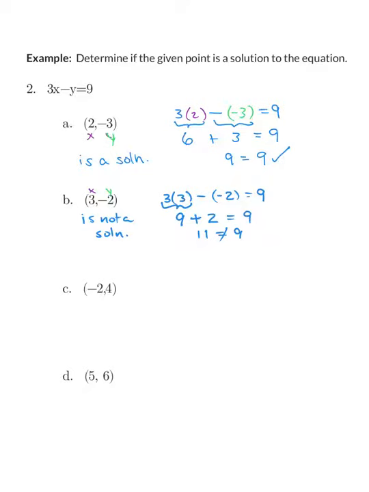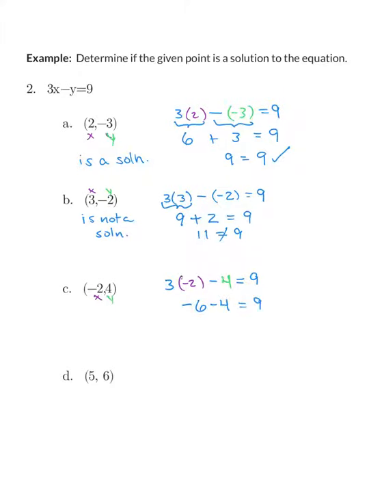Okay, let's try -2, 4. If we plug in -2, 4, x will be replaced with -2, and y will be replaced with 4. We get 3 times -2 minus 4 equals 9. 3 times -2 gives us -6.